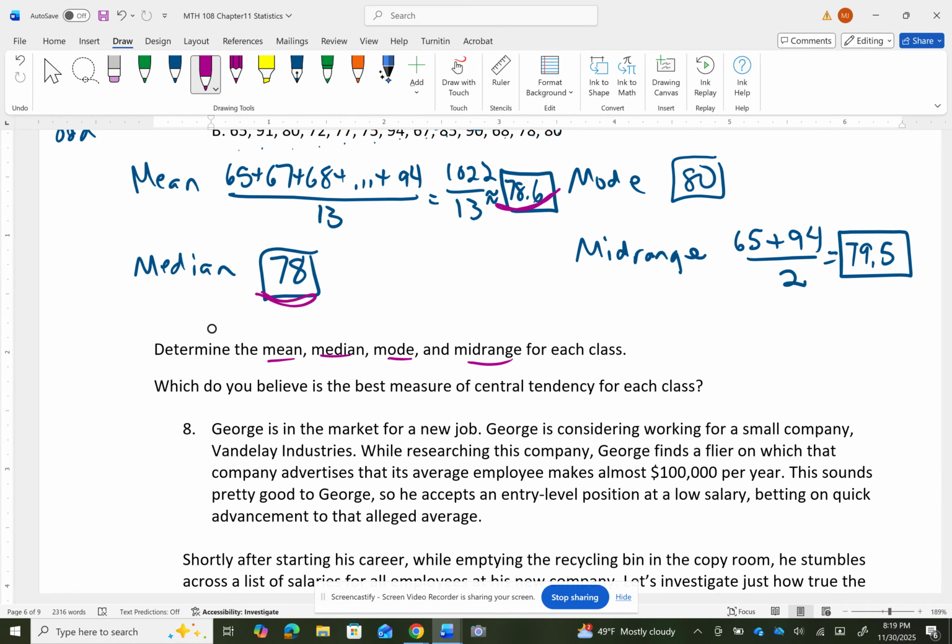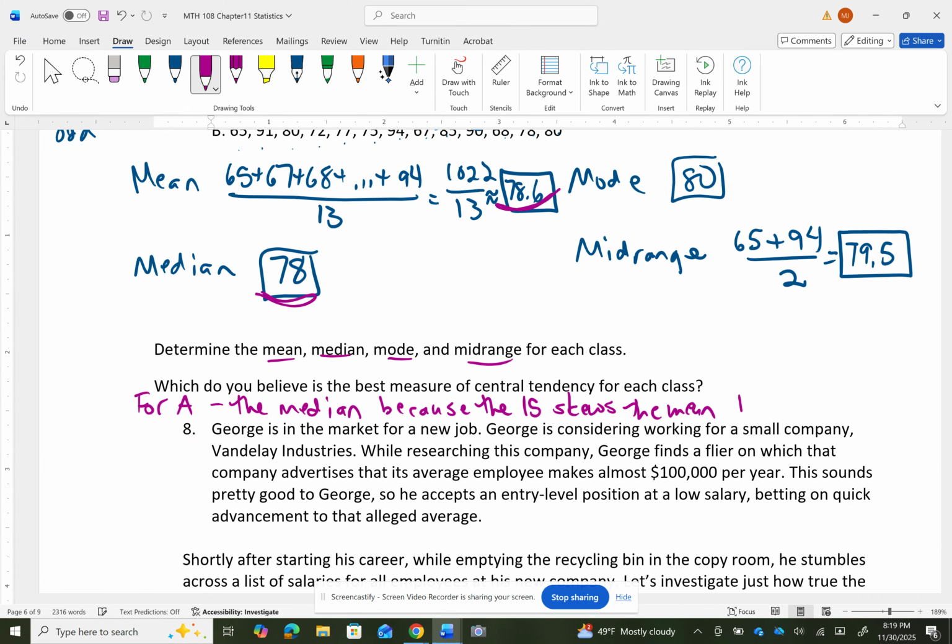But then if I say which might be better for each class, I think for Class A, the median would have been better, because the 15 skews the mean, affects the mean.